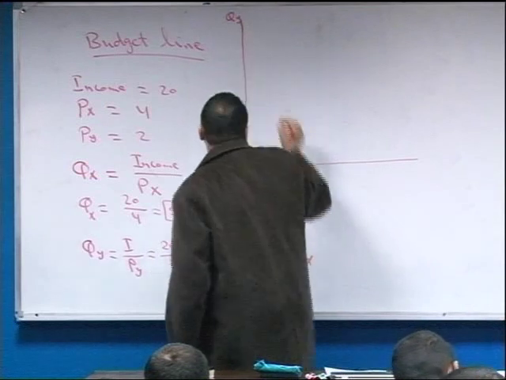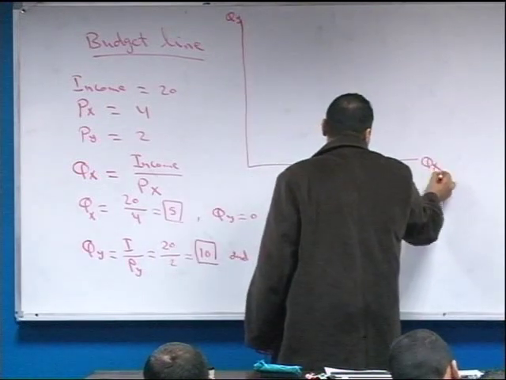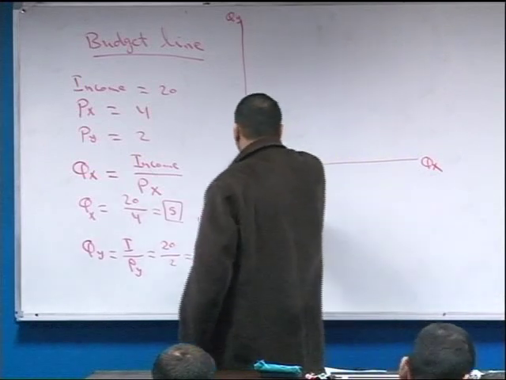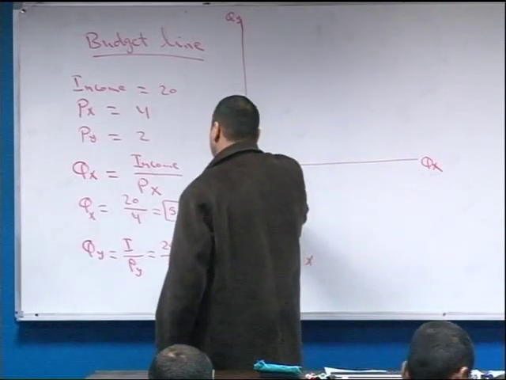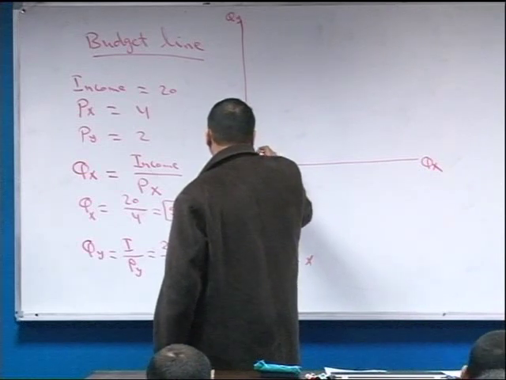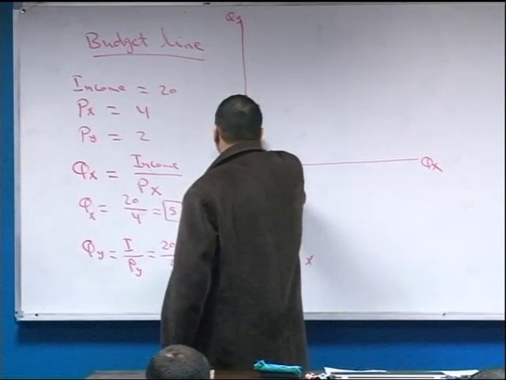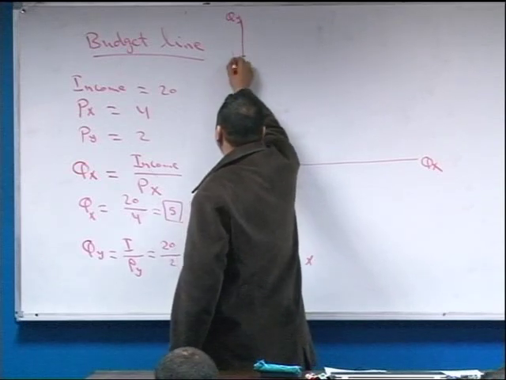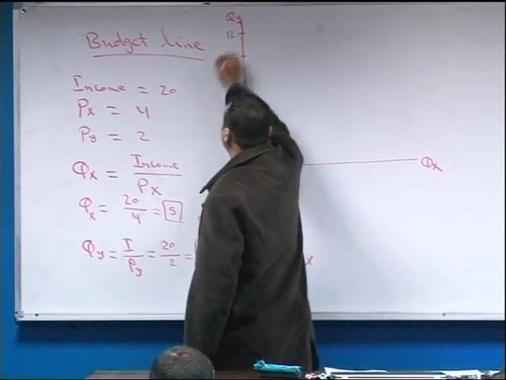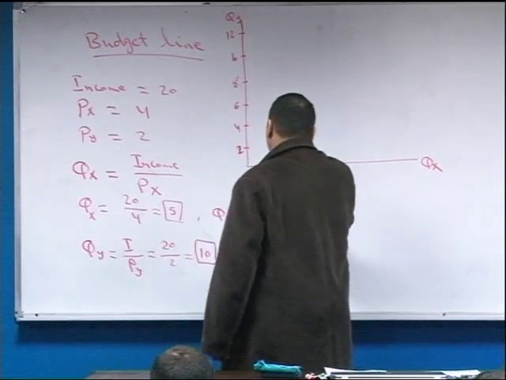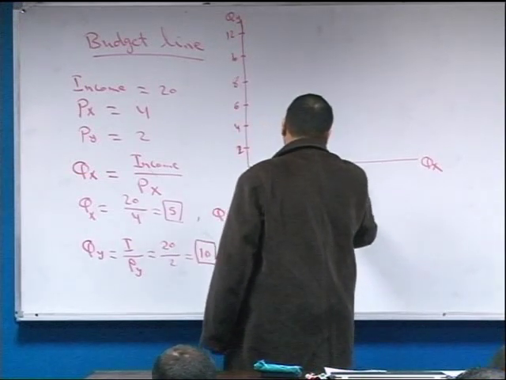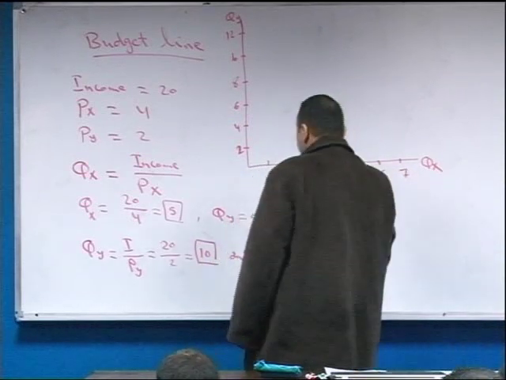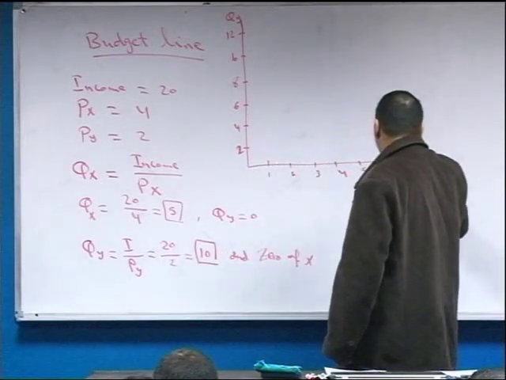QY, QX. Y from 1 to 10, suppose 2, 4, 6, 8, 10, 12, and X 1, 2, 3, 4, 5, 6, 7, 8.